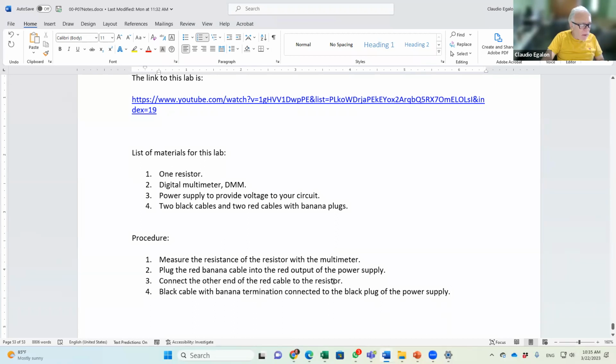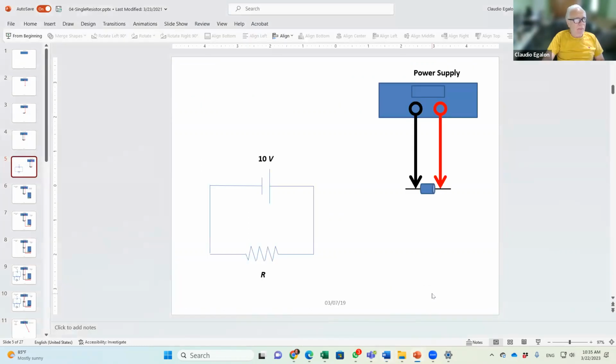Plug the red banana plug into the output of the power supply. So what I have to do is turn on the power supply and adjust it to 10 volts. That's the procedure. Here is the diagram.